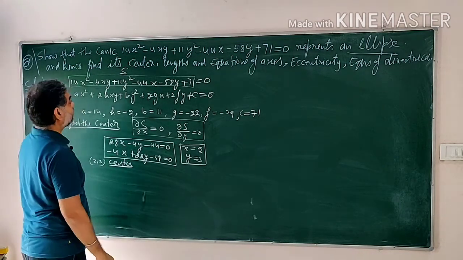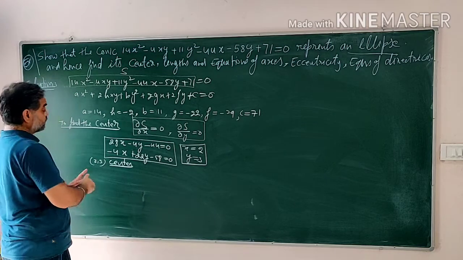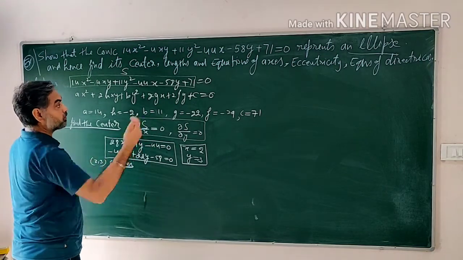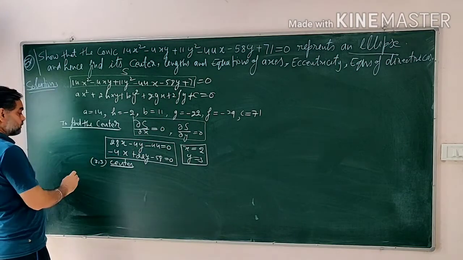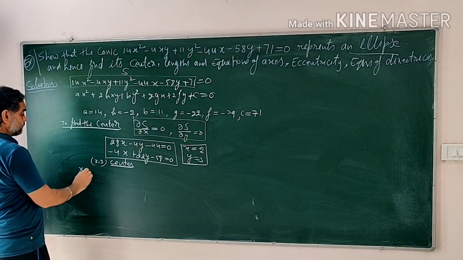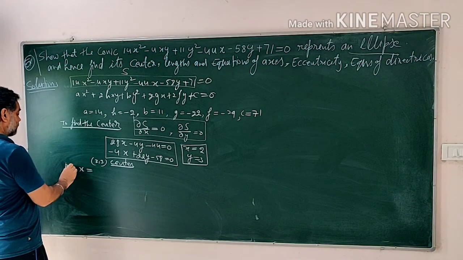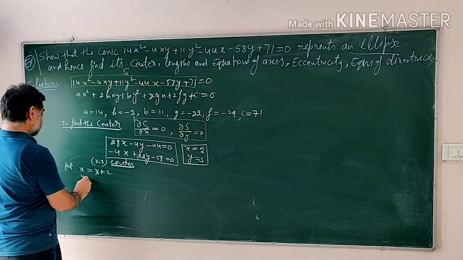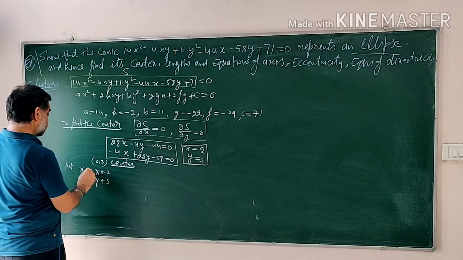Alright. Now what we do is we shift the origin to the center of this conic. If we shift the origin to the center of the conic, we put x equal to capital X plus 2 and y is equal to capital Y plus 3.